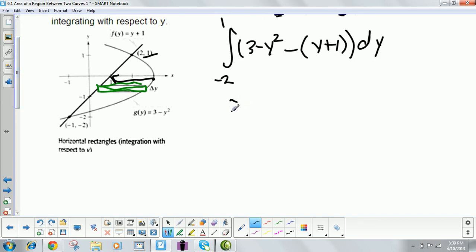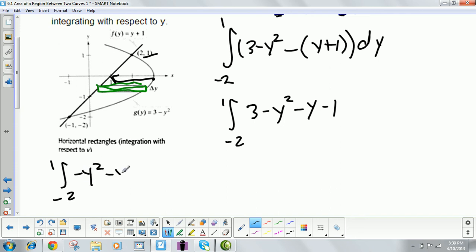If they're like terms, by all means, put them together. Like here you'd have 3 minus y squared minus y minus 1. Then you can put the -1 and the 3 together. So you'd have the integral from -2 to 1 of just -y squared minus y plus 2, and then all of this times your dy.